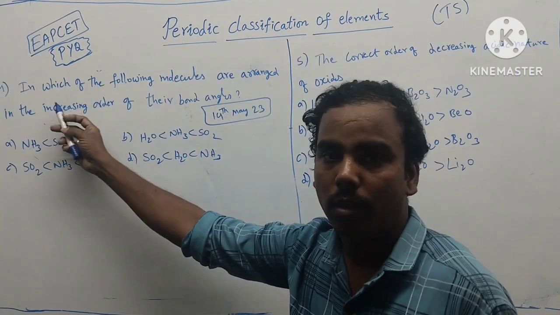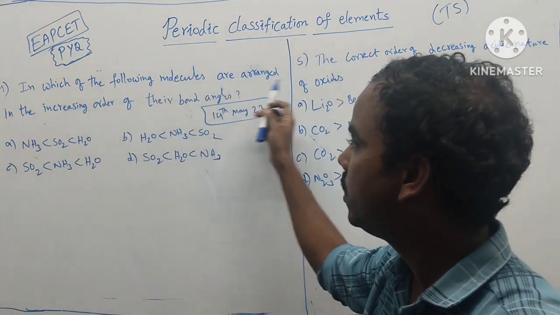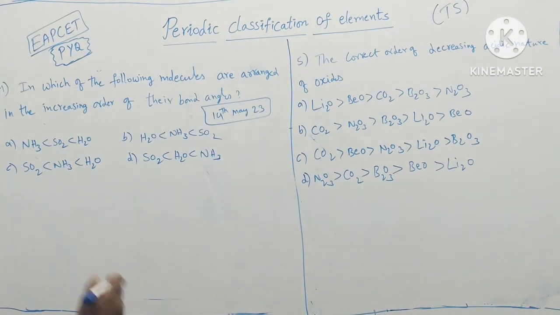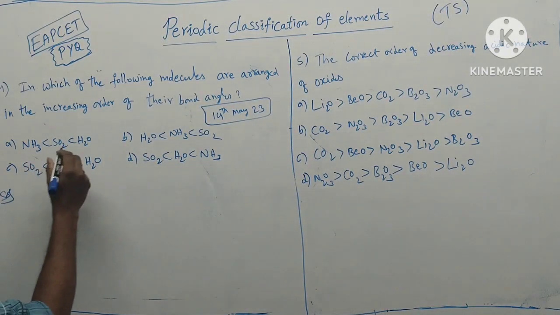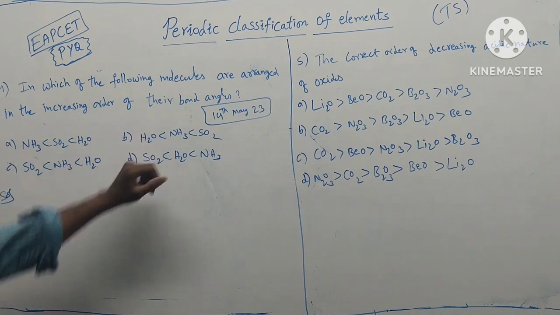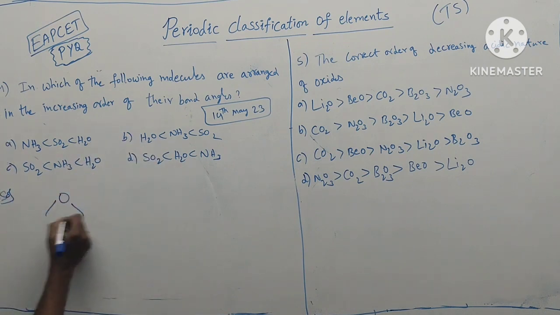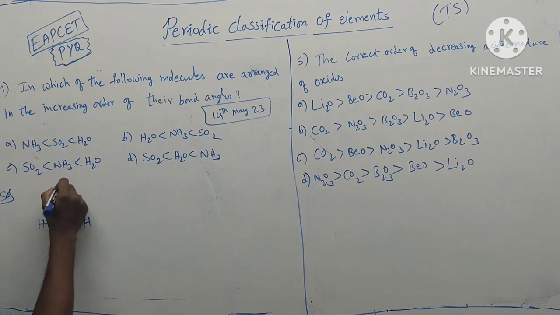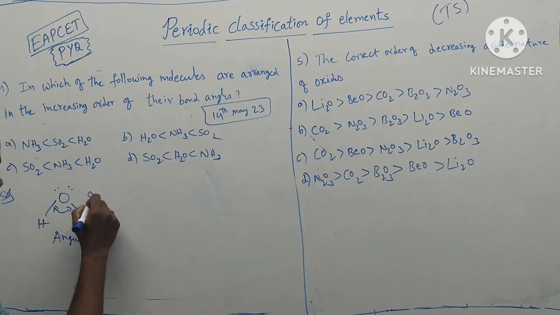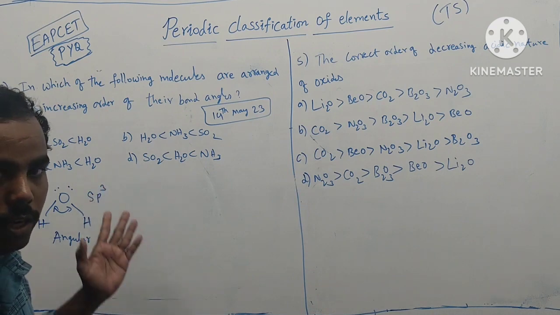So next question. In which of the following are the molecules arranged in the increasing order of their bond angles? NH3, SO2, H2O. H2O has sp3 hybridization. The structure of H2O is angular. The actual sp3 hybridization bond angle is 109 degrees 28 minutes.